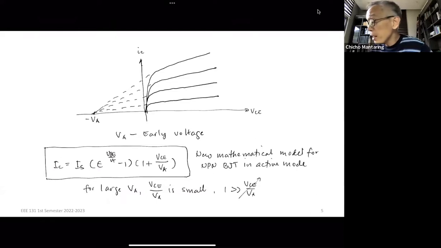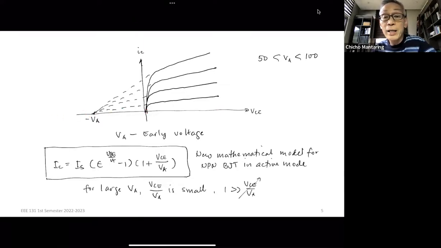Now, V sub A, typically, if you take a look at products commercially available, will be anywhere from 50 volts to about 100 volts. So actually, the value of V sub A is large. Because here the value of VCE will be only up to maybe 10, 20 volts, but this will go 50 to 100.